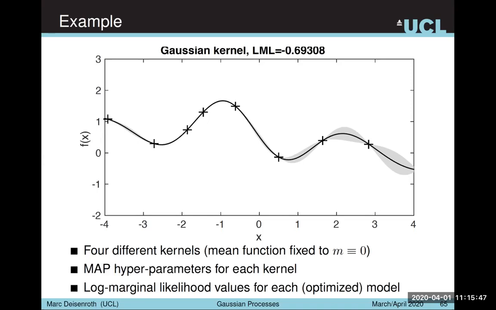Now finding the right combination of kernels is a combinatorial problem, which is very difficult to solve. What you could do is start by using a simple kernel, trying to model your data, and then everything that is not modeled with that Gaussian process, so the residual, you try to model as well.